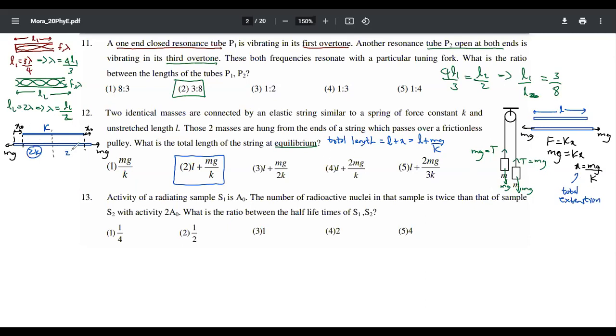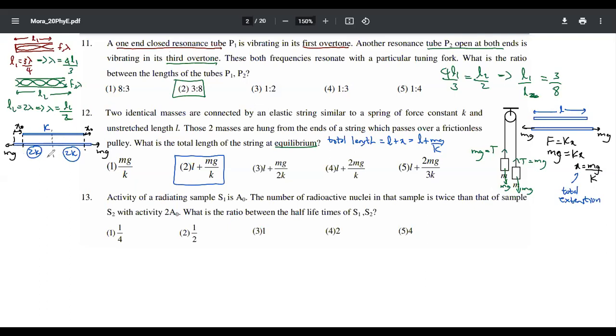Hope you can remember this. When you reduce the length of the spring by half, the spring constant will become double. If you reduce the length by 3 times, the spring constant will become 3 times.